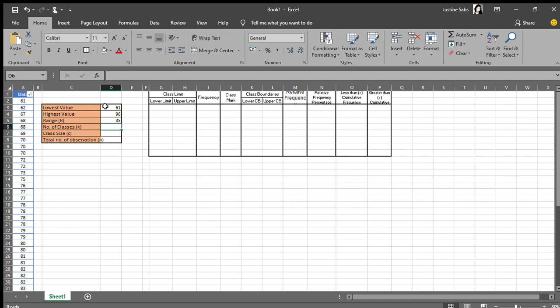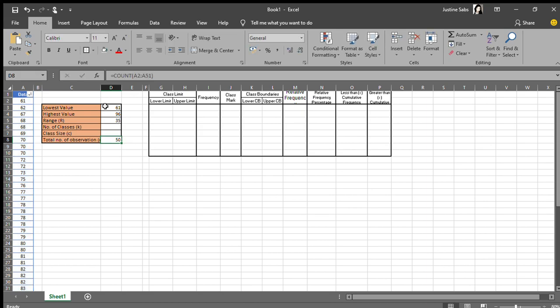In this case, to compute the number of classes, we have the formula k is equivalent to the square root of n, where n is the number of observations. Let's find how many observations we have. That is equal sign, then COUNT, then select again the range of your data, from A2 to A51, then enter.